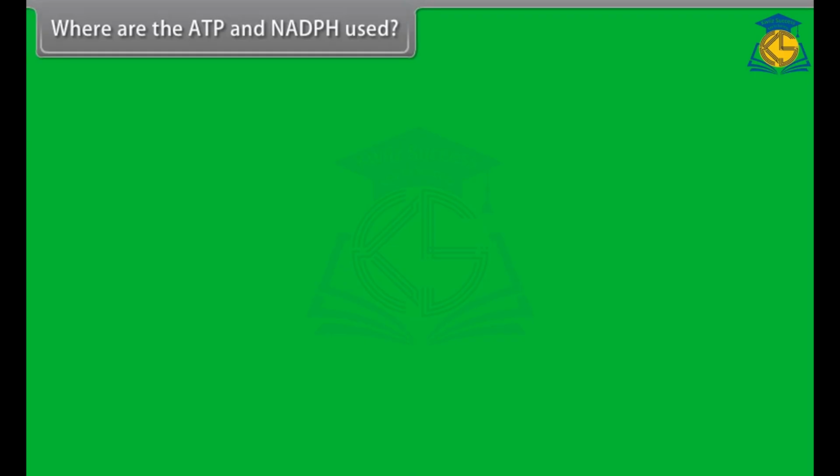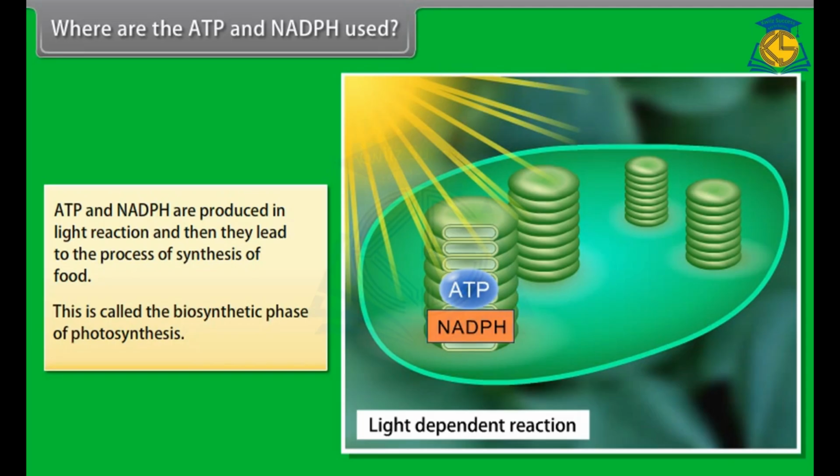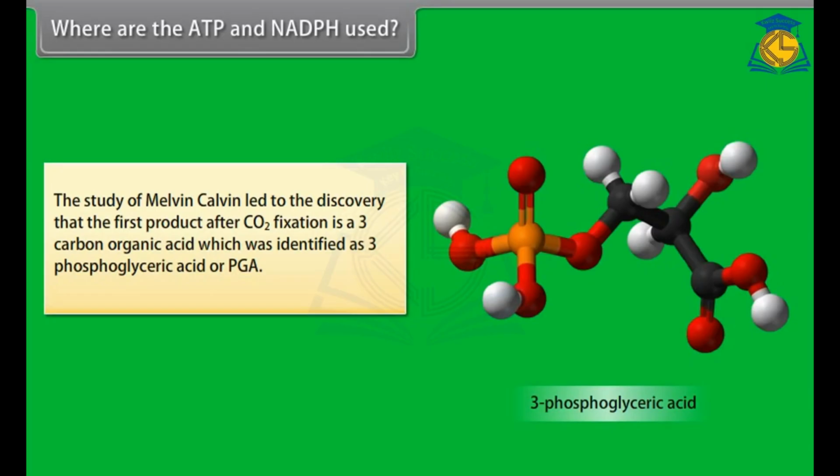Where are the ATP and NADPH used? ATP and NADPH are produced in the light reaction and then they lead to the process of synthesis of food. This is called the biosynthetic phase of photosynthesis. The study of Melvin Calvin led to the discovery that the first product after carbon dioxide fixation is a 3-carbon organic acid, which was identified as 3-phosphoglyceric acid or PGA.